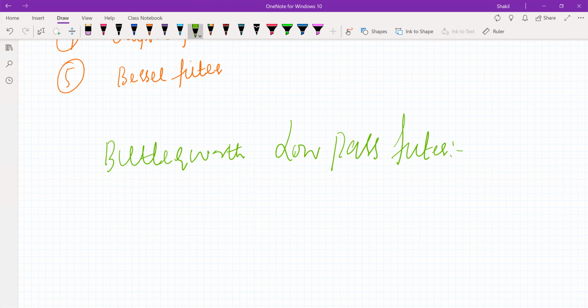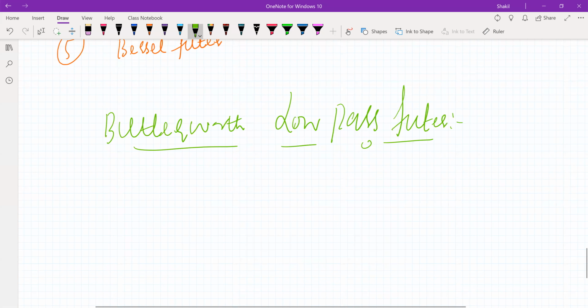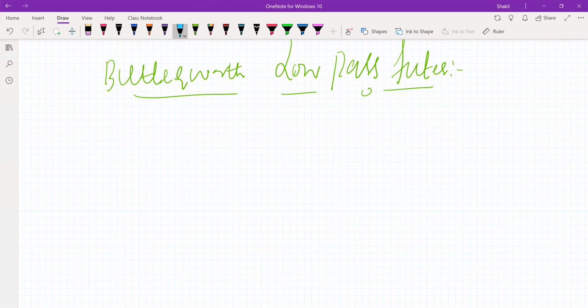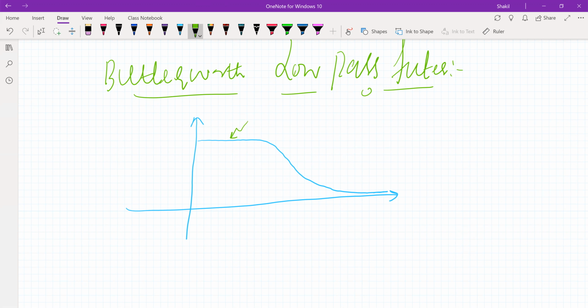So, Butterworth low pass filter frequency response. Now this filter allows the frequency response to be flat in both pass band and stop band. This is a practical filter. The frequency response remains flat in both pass band and stop band.